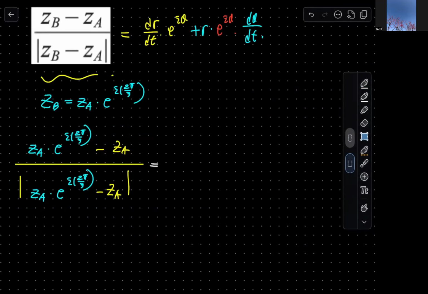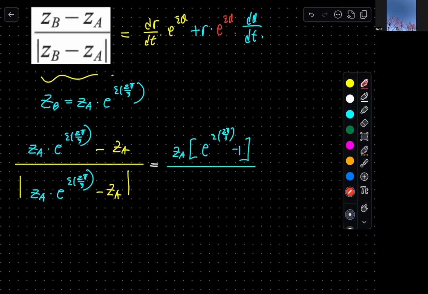On the numerator, I have ZA times e to the power of i 2 pi over 3 minus 1. On the denominator, I can also factorize by the magnitude of ZA, and then it's e to the power of i 2 pi over 3 minus 1 on the bottom, right? That is super nice.